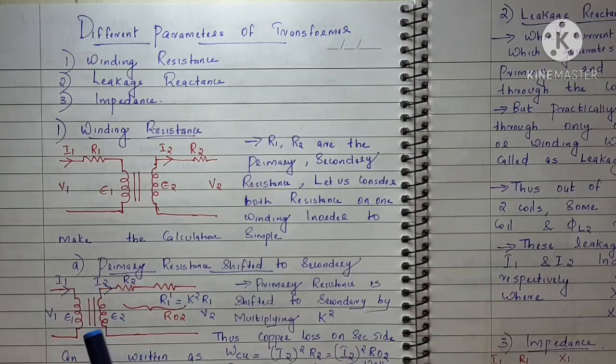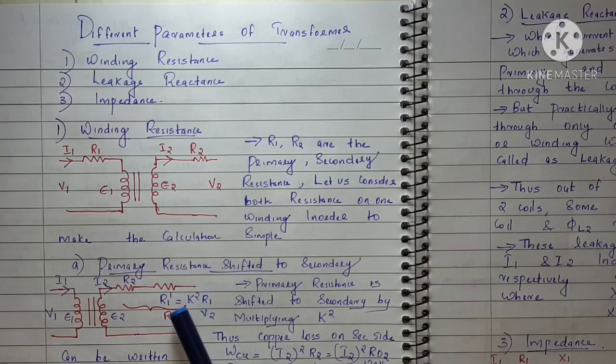First, we will consider the primary resistance shifted to the secondary, that is R1 is shifted to the secondary as R1 dash by multiplying with K square. That is, R2 is the secondary resistance and R1 dash is the primary resistance shifted to the secondary by multiplying with K square, that is K square R1.